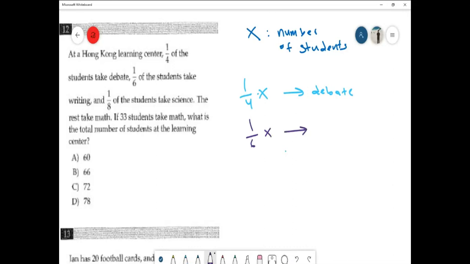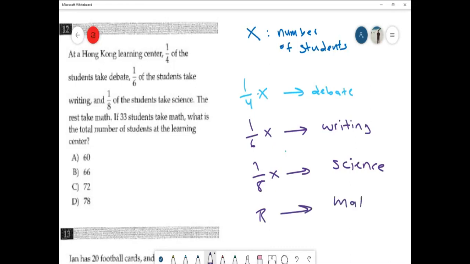That means 1 divided by 4 times X is taking debate. 1/6 of the students take writing, and 1/8 of the students take science.